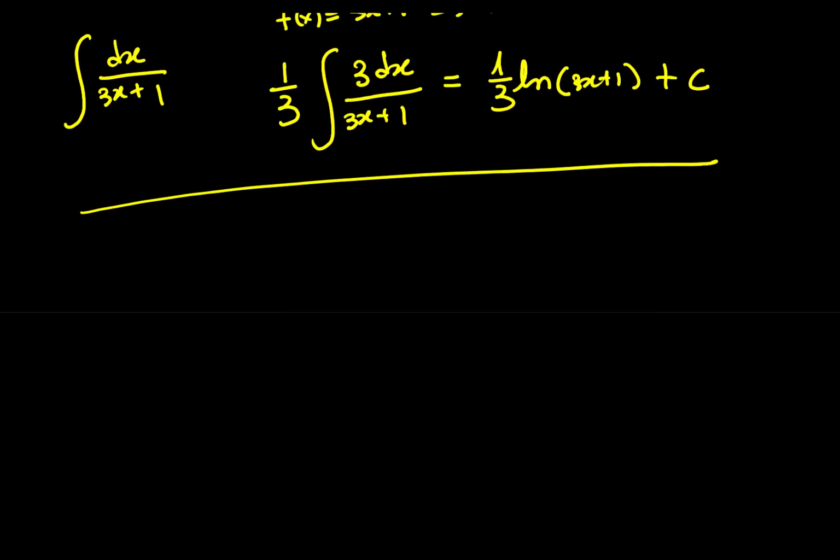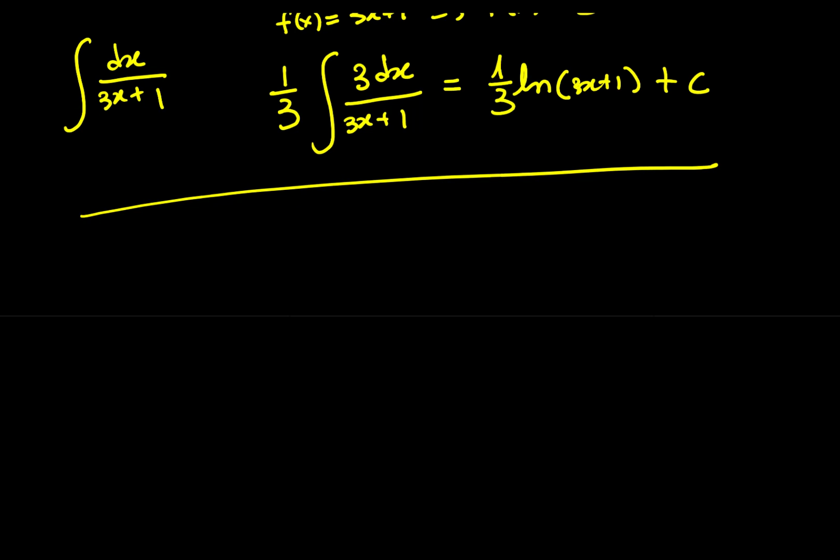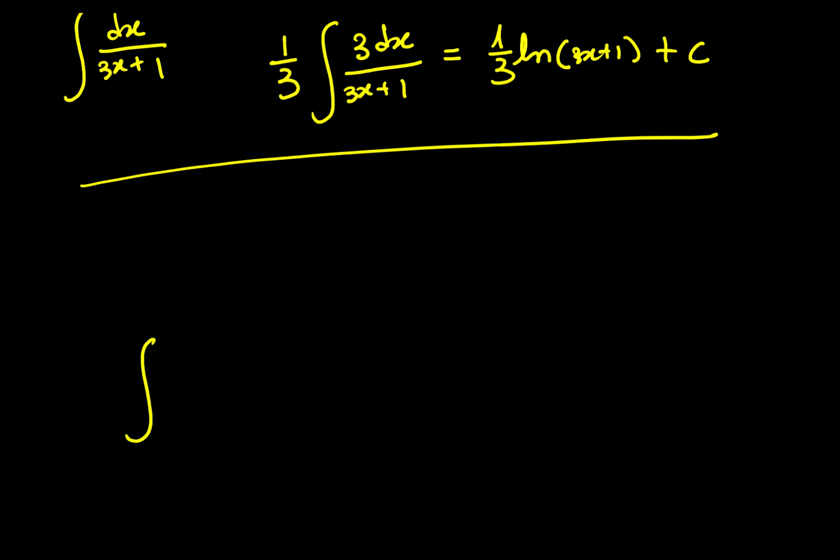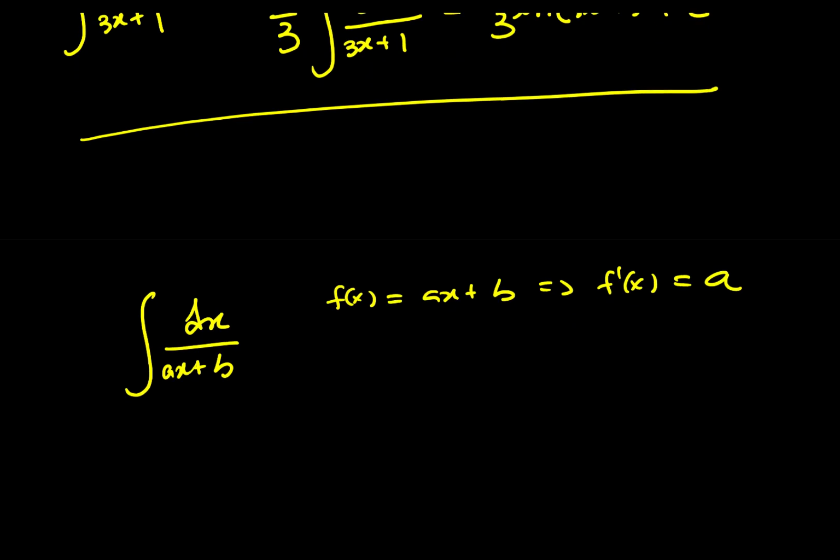Similarly, if we have the integral of dx over ax plus b, all you have to do is let f of x be equal to ax plus b. That means that f prime of x is just going to be equal to a.